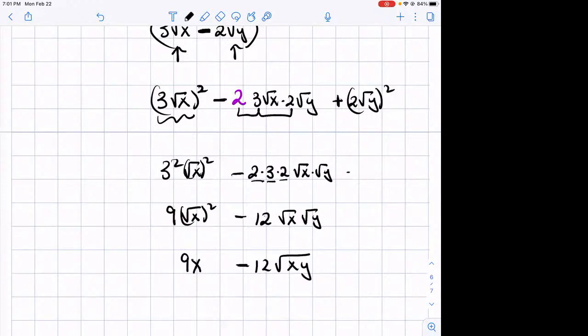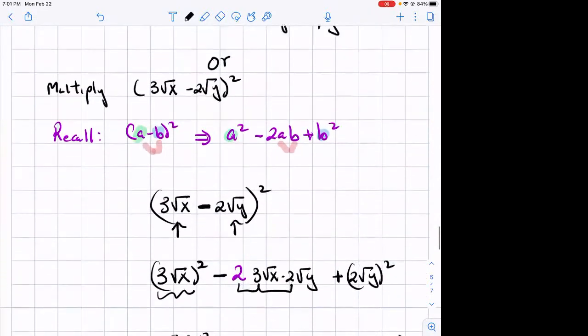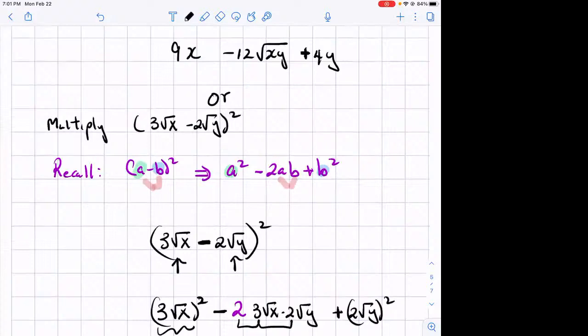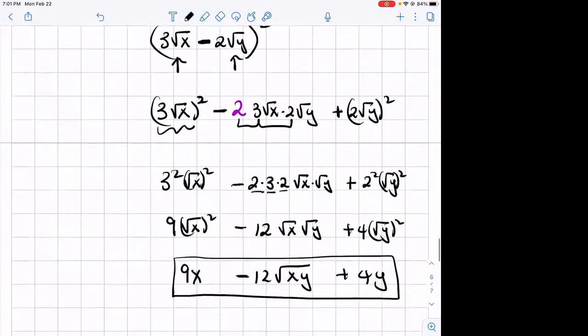And then this here plus 2 squared root y squared becomes plus 4 root y squared, which is the same as 4y. So notice that this answer is the same as the answer we had above, right? 9x minus 12 root xy plus 4y. So you could apply the formula if you choose to do so. There's nothing bad about it. That's always something you can do.